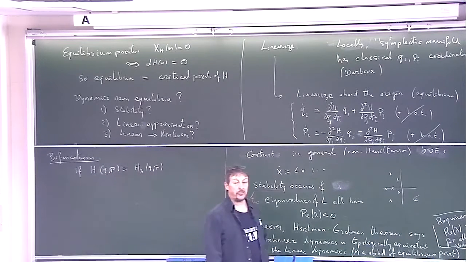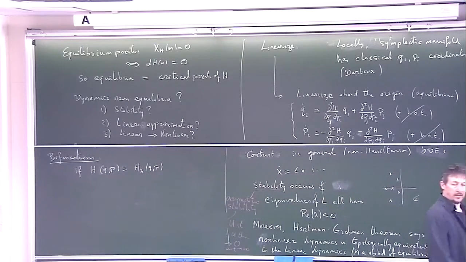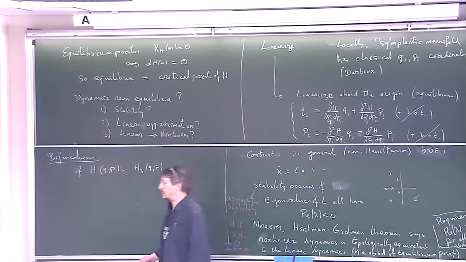So suppose we have a parameter, lambda. So lambda was eigenvalues there. Now it's a parameter.